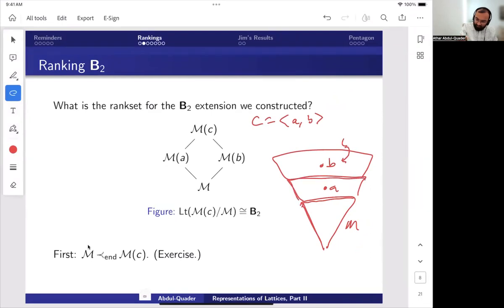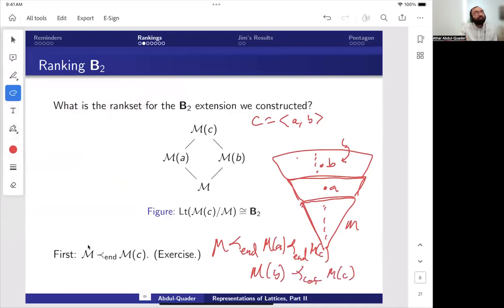Then M of A is the next initial segment, so M is an initial segment of M of A, which is an initial segment of M of C. And M of B is what Roman mentioned in his talk earlier. M of B is going to be the stuff that's up here, the stuff that's down here, and so M of B is going to be cofinal in M of C.